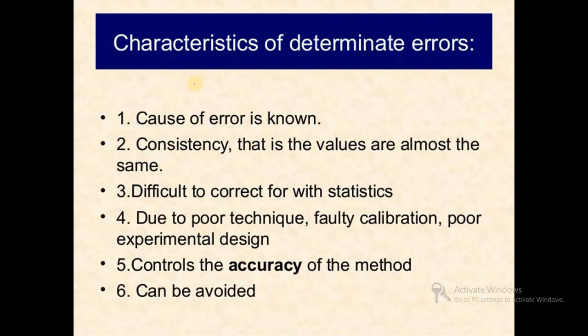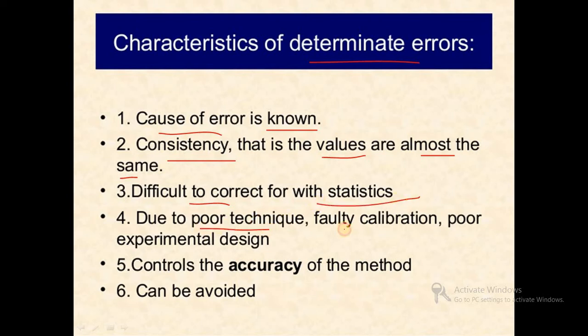Then we highlight the characteristics of determinate errors. The cause of the error is known, that is, the reason behind that error we can find out. Then consistency, that is, the values are almost the same and difficult to correct for with statistics.